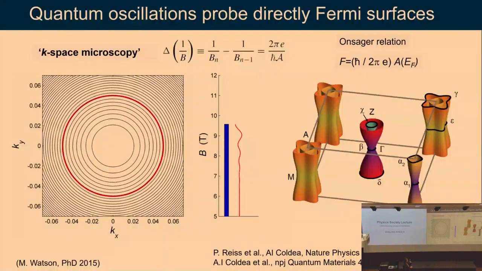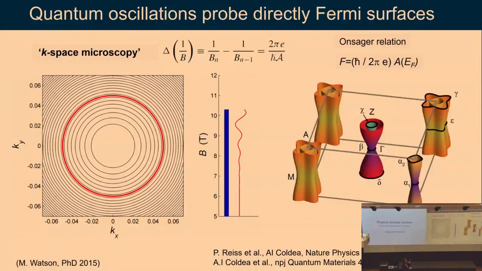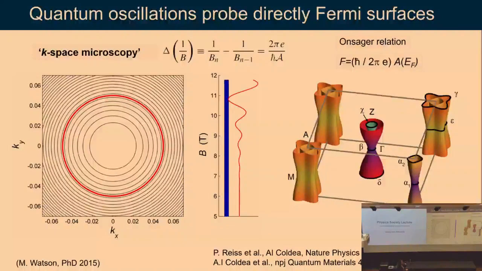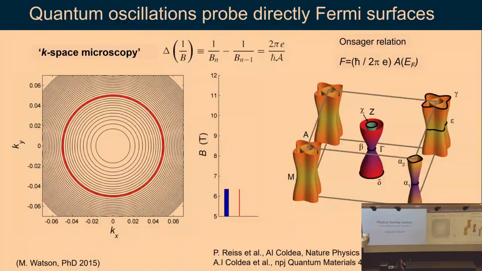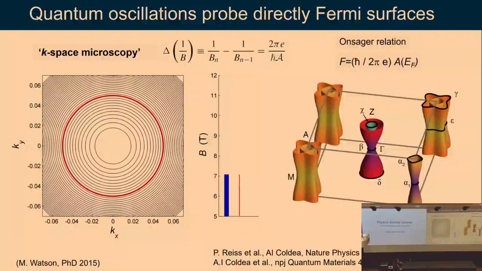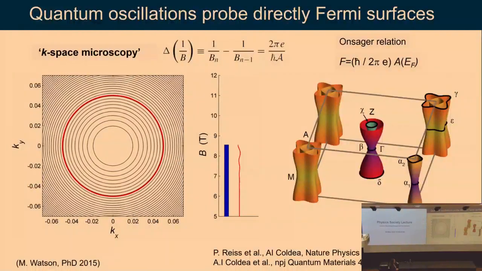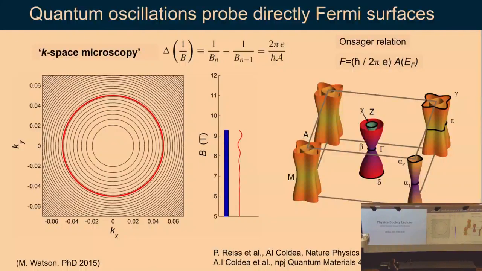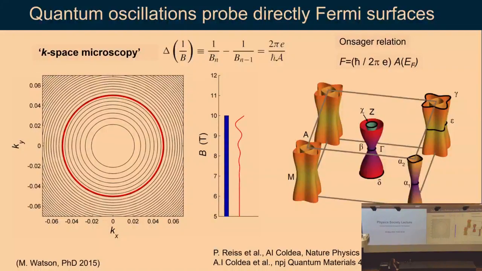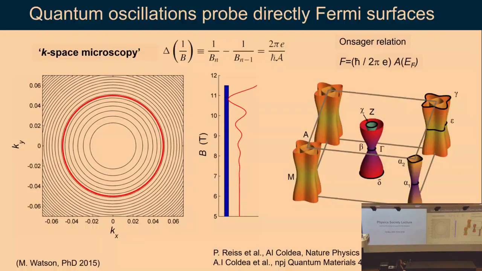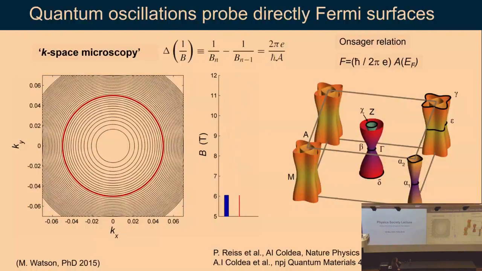This is just for the hole pockets. And for the other pockets, I'll also have two frequencies for each cylinder, because I measure extremal areas for each of them. So the Fermi surface and the response in quantum oscillations can be very complicated if you have lots and lots of contributions from all these different extremal areas.